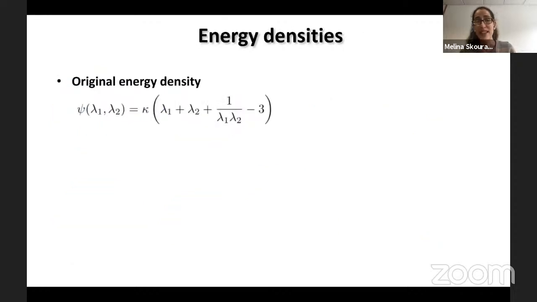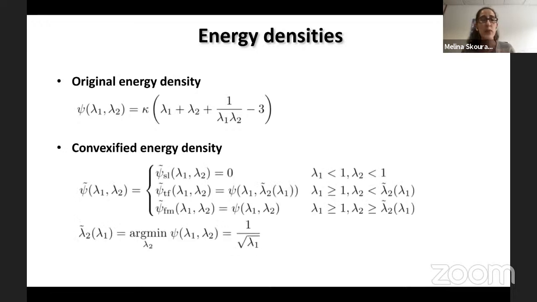If you like formulas, this is what they look like in our case. Here we used a neo-Hookean material for which the energy density can be parameterized as a function of the two eigenvalues of the C tensor, the right Cauchy-Green tensor that I mentioned before. And this is what the convexified energy density looks like. When the two eigenvalues are smaller than 1, this means that you have compression in the two principal directions, so we set the energy to 0.